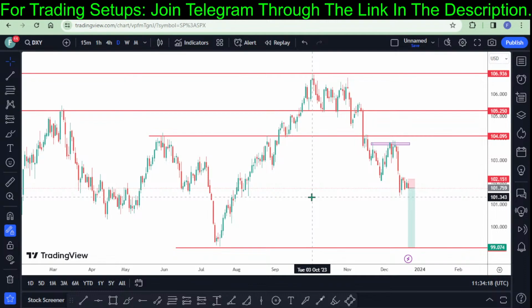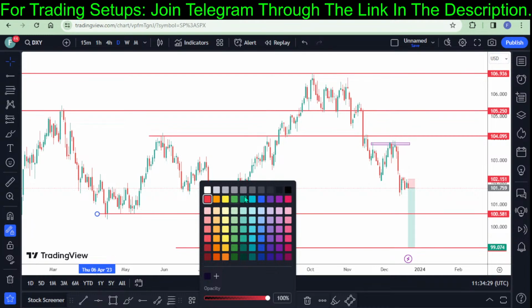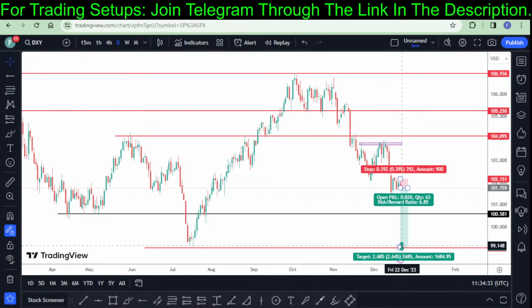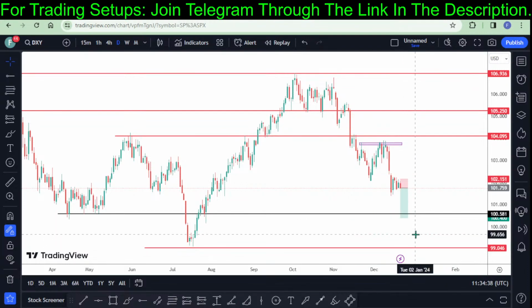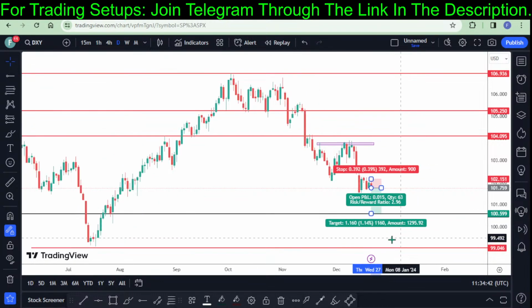You can see that the next key level structure outside is 99.074. Anyways, there could be a point of hindrance right here. So based on what we have right here, price could tag the 100.599 before we have a rejection.